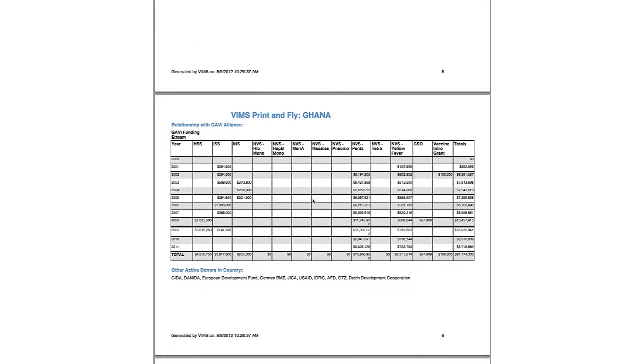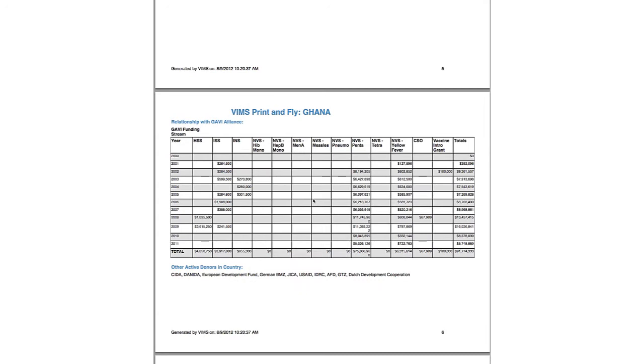On page 6 of the print and fly, we show the history of Gavi disbursements to Ghana based on the year on the rows and the type of funding on the columns. NVS is new vaccine introduction support, and you can tell these are all the different types of vaccines that Gavi currently supports.